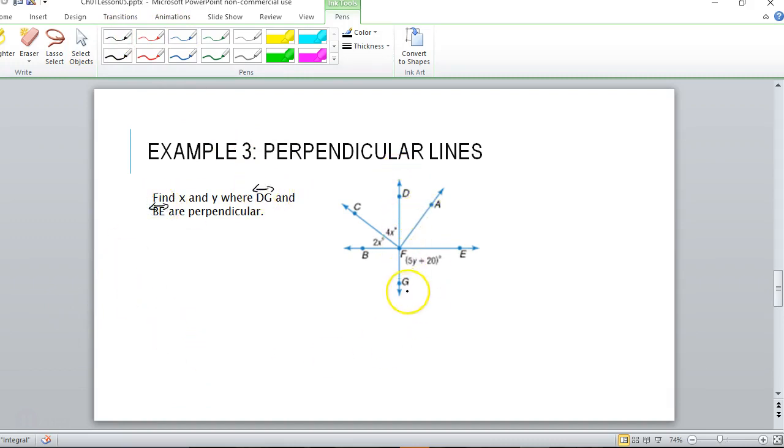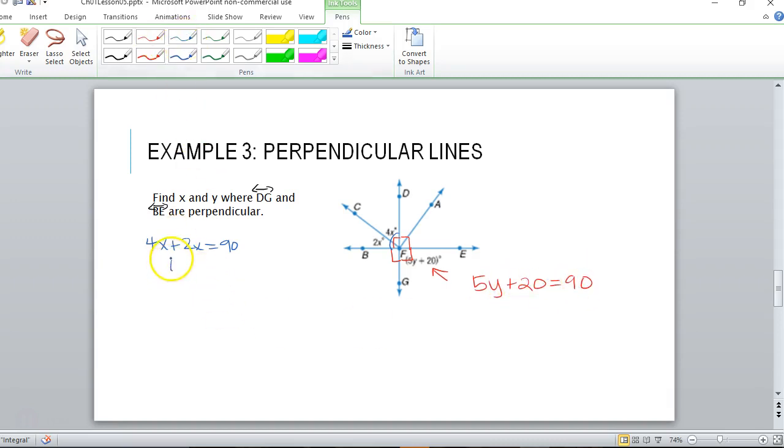So line DG and line BE are there. What do I know from that? Well, I know that they form right angles at the intersection point, so all of those are right angles. I can set up a couple of equations. I know that 4x plus 2x equals 90 degrees, that's right here. And I also know that from here, 5y plus 20 also equals 90 degrees.